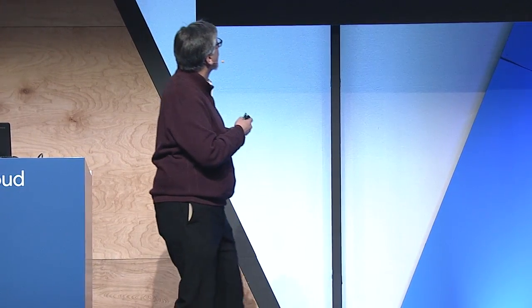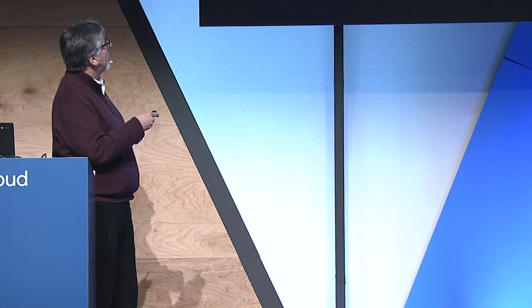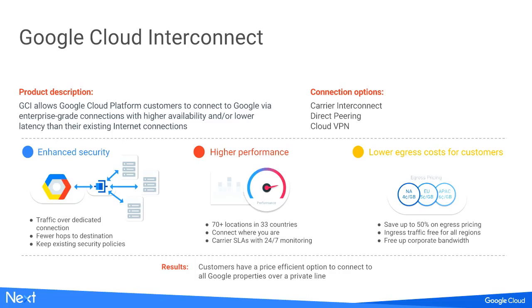So our cloud interconnects, first of all, when you go through these direct peering links, you do get a dedicated link. I wouldn't say enhanced security, but you're just going over a cross-connect in a co-location facility, so it's in a physically protected environment.